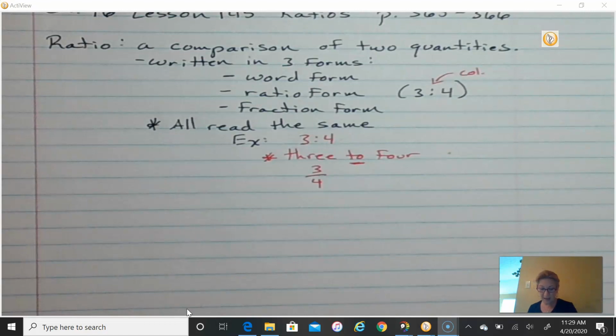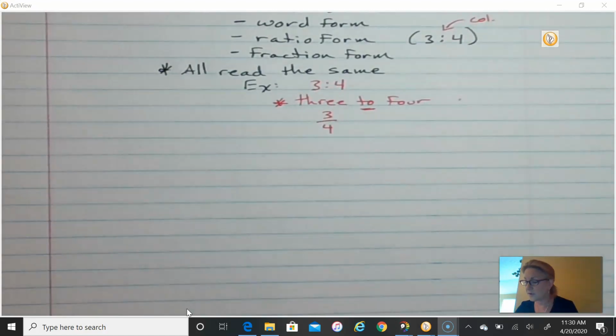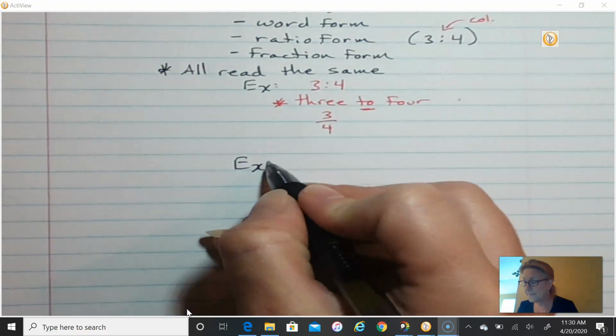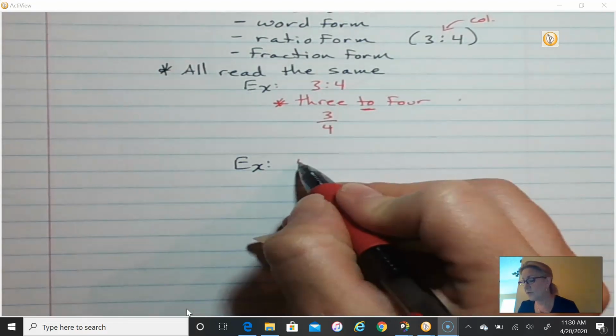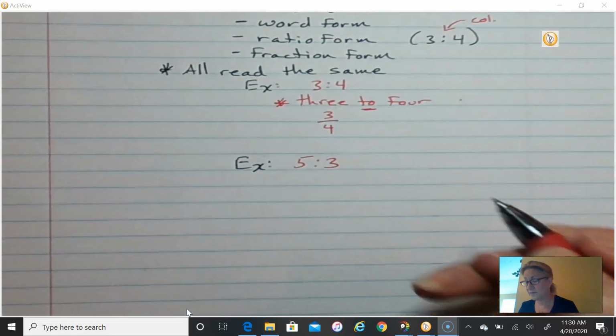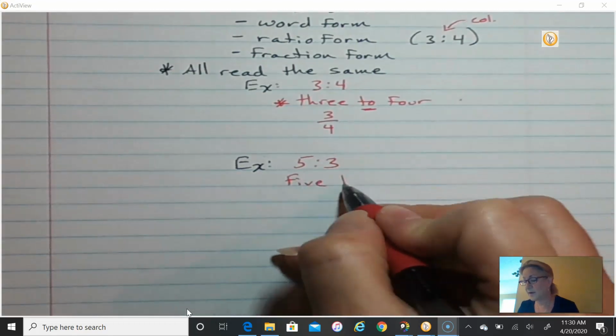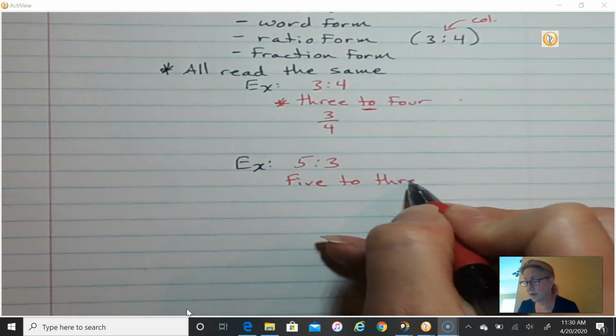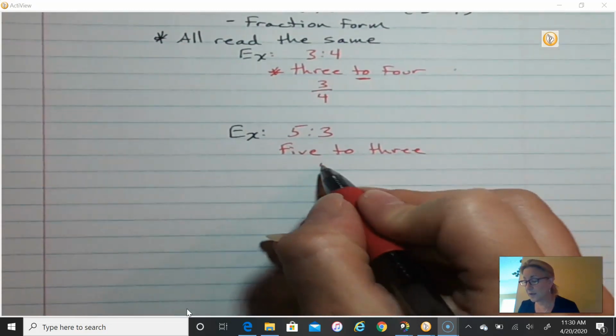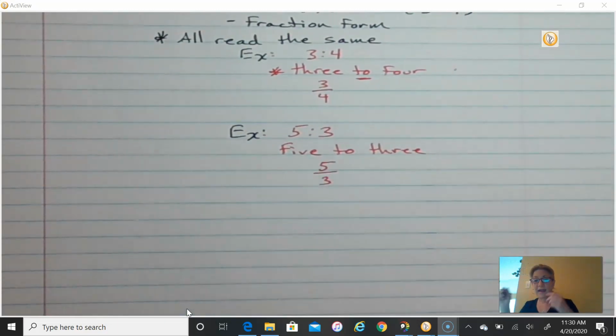Just in case you have, let's say, something that looks like an improper fraction. Let's do another example. Let's say it's 5 to 3. The fraction form would be 5 over 3. It stays like that. You don't put it in a mixed number. It's not technically an improper fraction because we're talking about ratios.